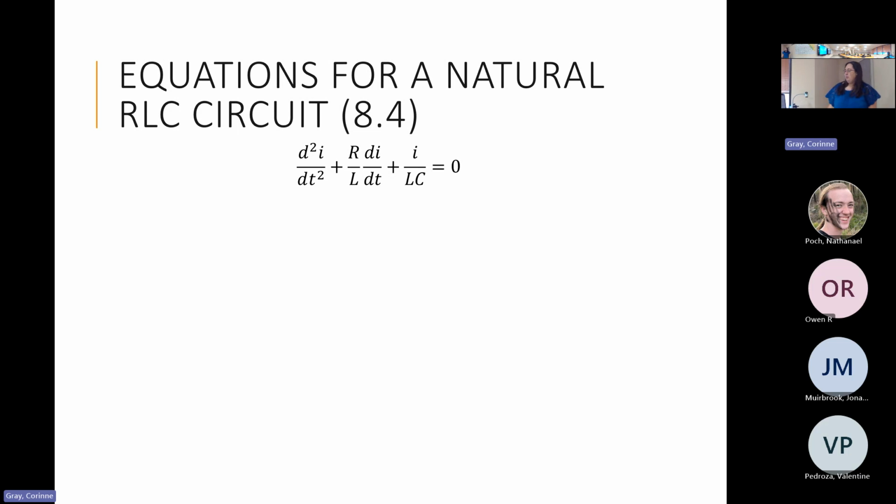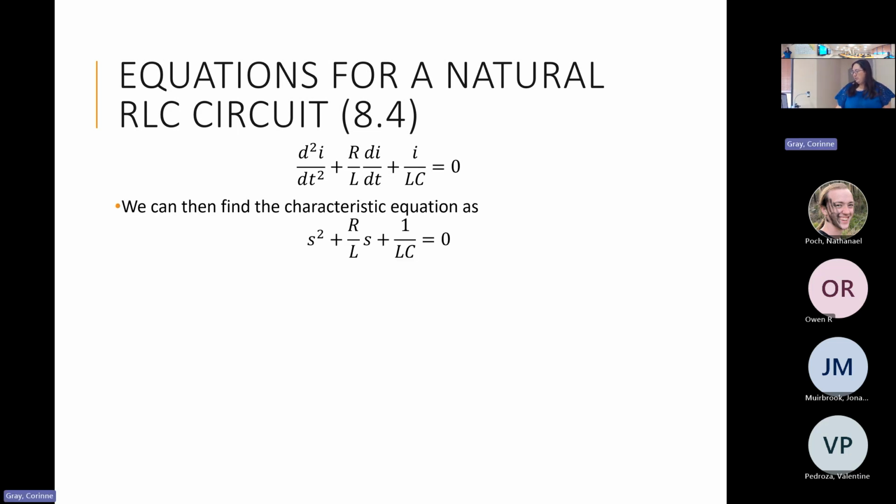So sometimes you'll see something represented with what is referred to as the characteristic equation, which of course, for some reason, we just use S for that. So where I have the double time derivative, it's S squared. Where I have a single time derivative, it is S. And here, I don't have any time derivatives, so I don't have any S's in this term.